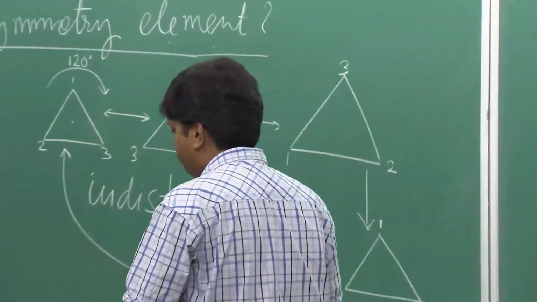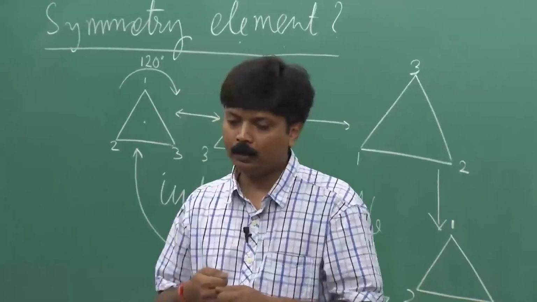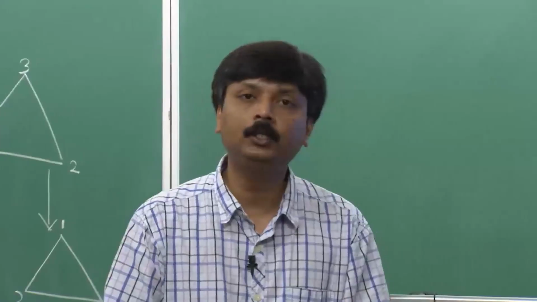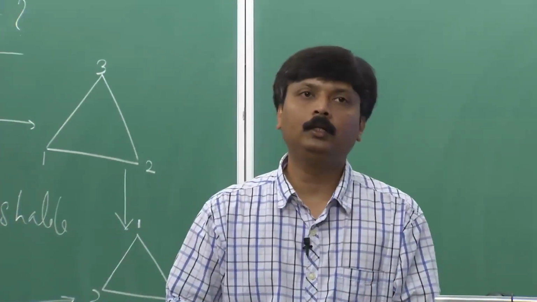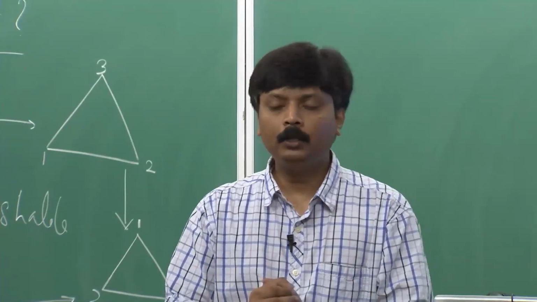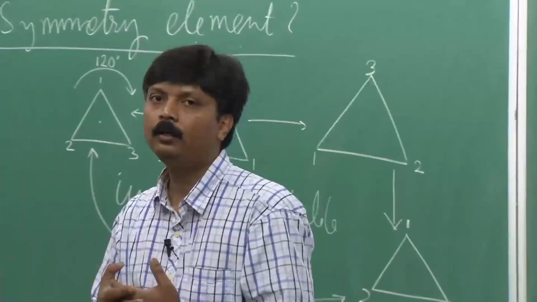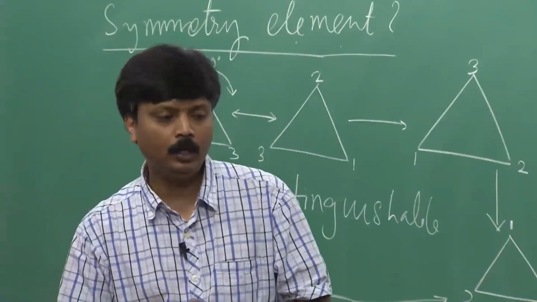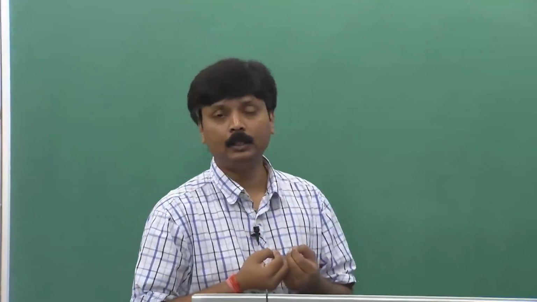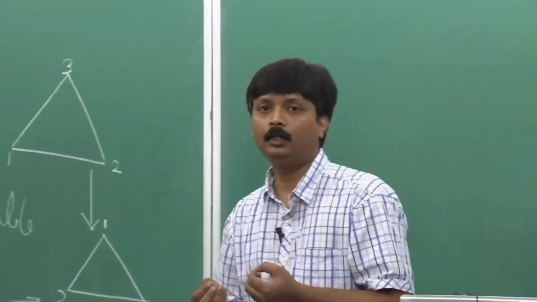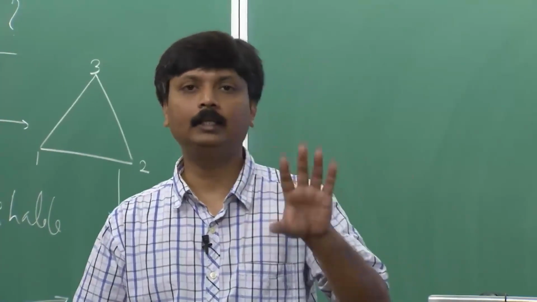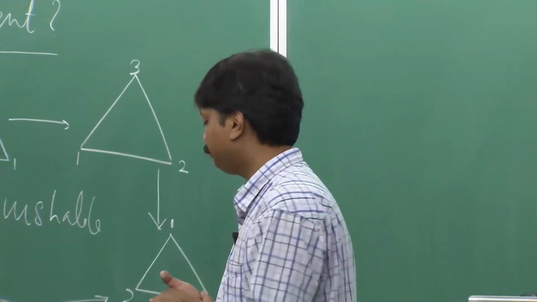So when we try to tell that a particular object, or a particular molecule, has more symmetry than another molecule, we look at the symmetry operations and symmetry elements of the molecules. If some molecule has more symmetry elements and symmetry operations, then obviously that object is called more symmetric than an object which has fewer.